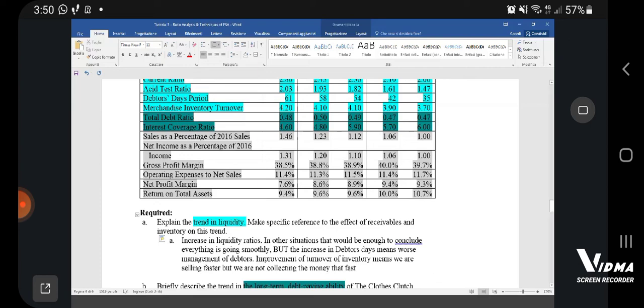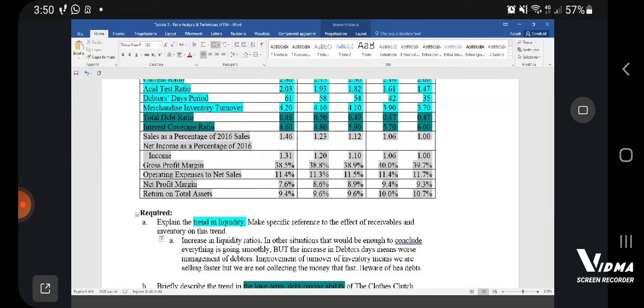So improvement of the turnover of inventory means that we are selling faster, but we are not able to collect money as fast as we can sell. Is that something good in itself, just increasing the turnover of inventory? So we have to be aware of the debts over here.